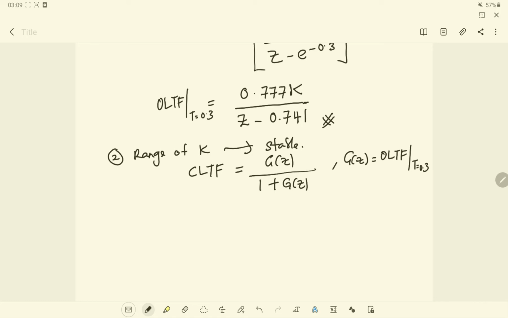So you substitute the equations: 0.777k over z minus 0.741.